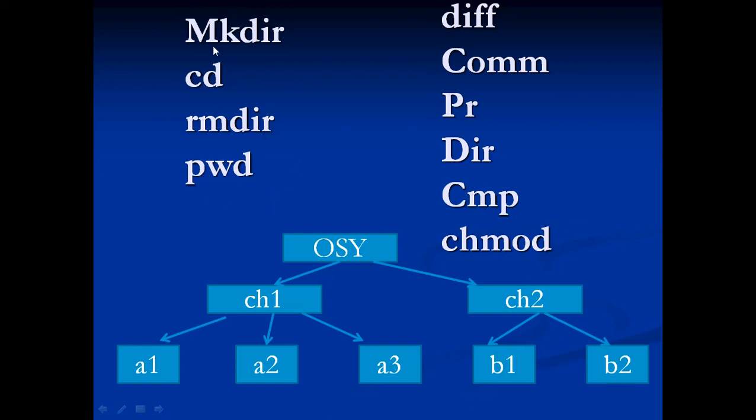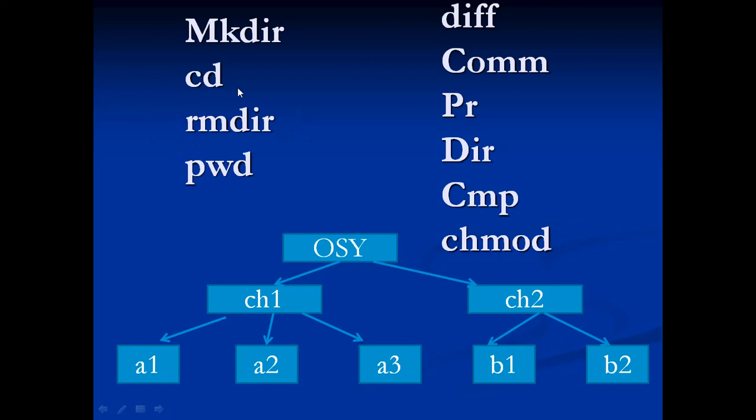mkdir, which is used to create a new directory or new folder. Second command is cd, that is change directory. If you want to go from one directory to others, then this command is used. Third one is rmdir, that is remove directory, which is used to delete or remove an empty directory or empty folder.